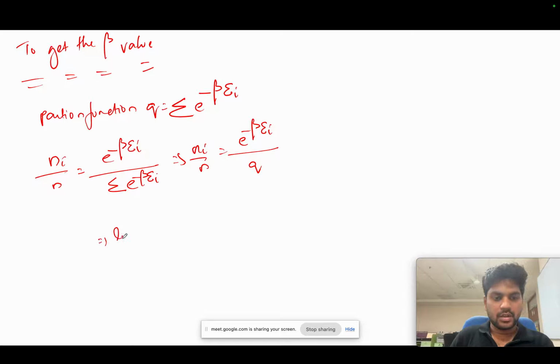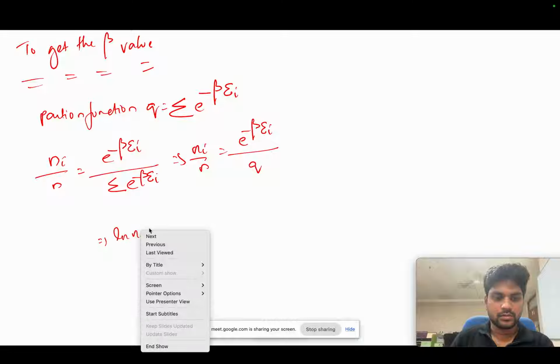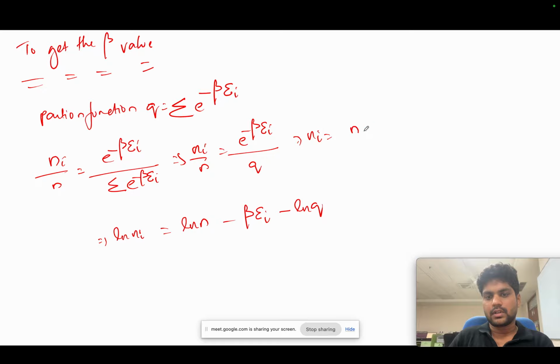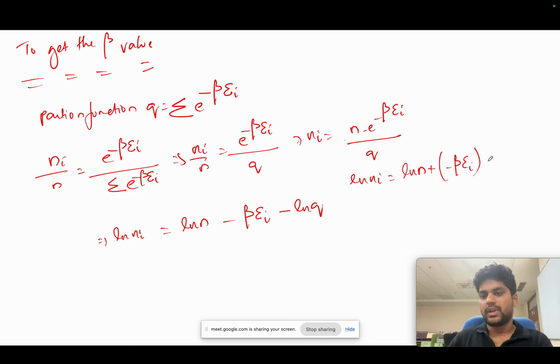If I apply ln on both sides, it will go like n into e power minus beta epsilon i over q. So ln ni equals ln n plus minus beta epsilon i, minus ln q. That's what we have written here.